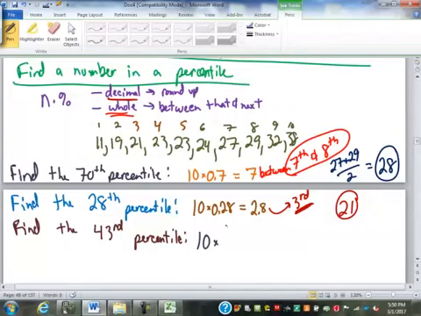So it's 10 times what? 0.43, which is 4.3.